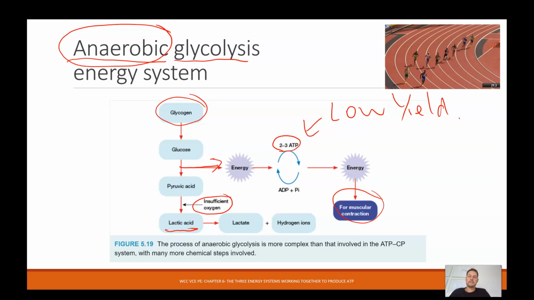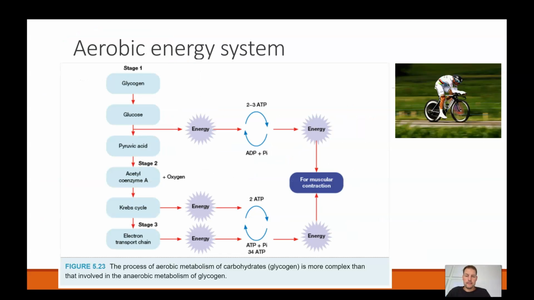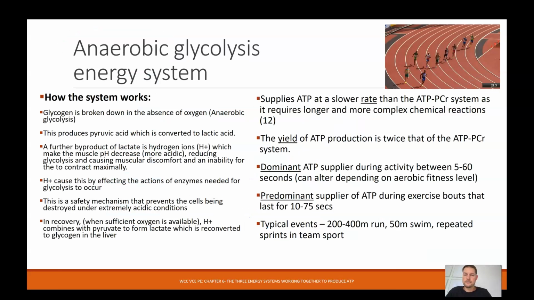You might hear footy commentators talking about someone having high levels of lactic acid, but it's actually not the bad guy. What happens is lactic acid then gets broken down to two things, lactate and hydrogen ions. And they actually get produced at the same rate. So for every one lactate that's produced, hydrogen ions will also be produced. We'll come back to that a bit later on when we're talking about fatiguing factors.